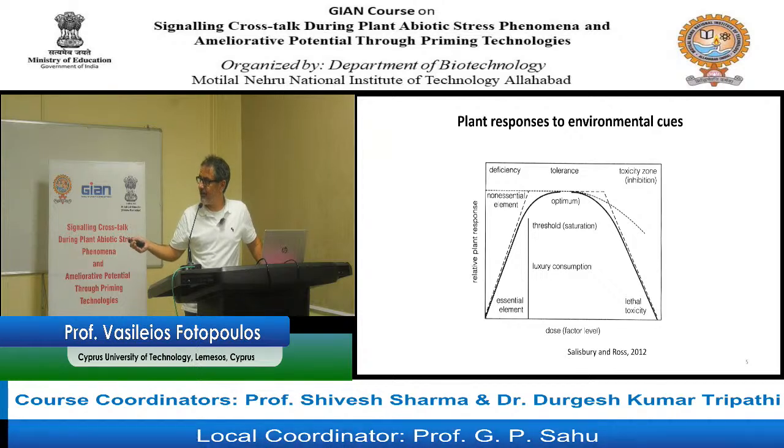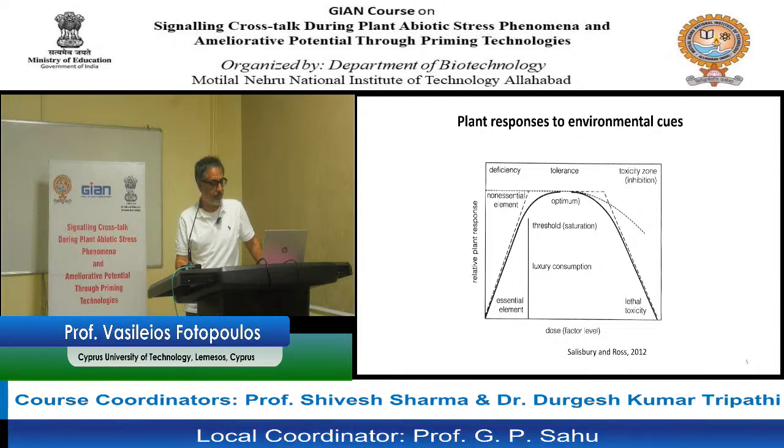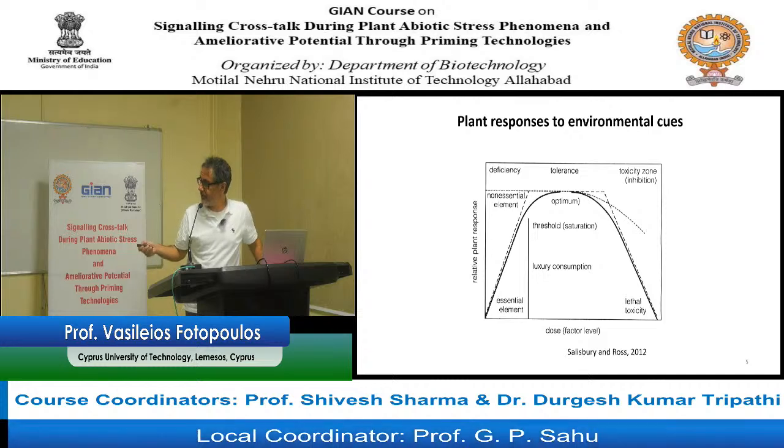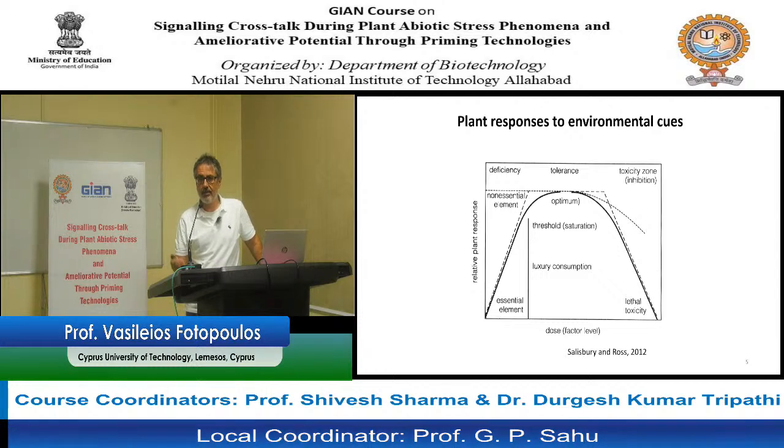Under specific concentrations, of course, we're talking about deficiencies, like in the case of minerals, that are also detrimental for plant growth. Then, with increased doses, we reach a point of optimal concentrations that would represent the tolerance phase of the response of the plant to an external environmental cue.